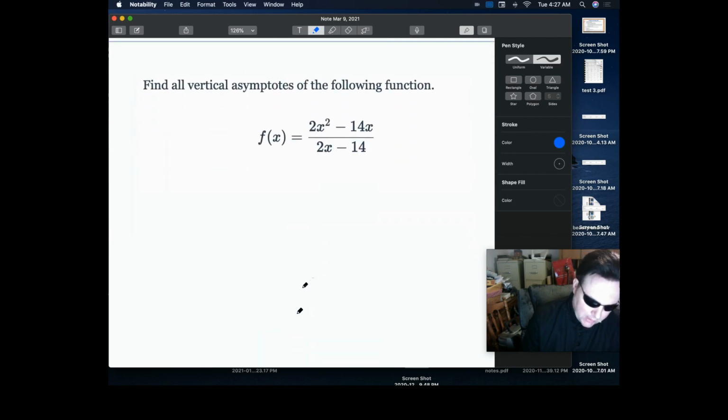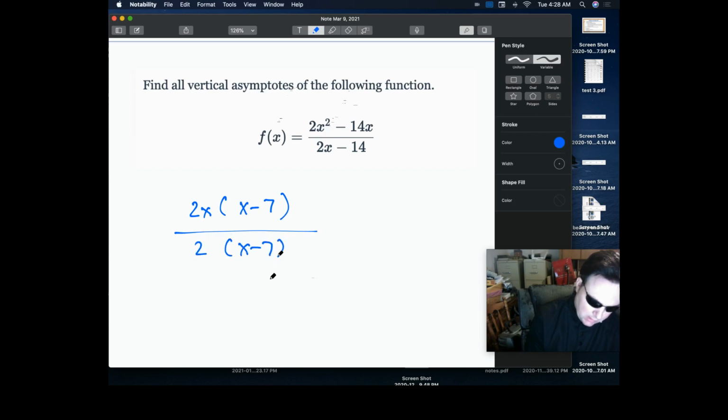Find all vertical asymptotes of the following function. So again, what's critical here is that you want to make sure that you factor. So with the numerator, we can definitely take out a 2x, and that's going to leave me with x minus 7. In the denominator, we can factor out a 2, which leaves me with x minus 7.